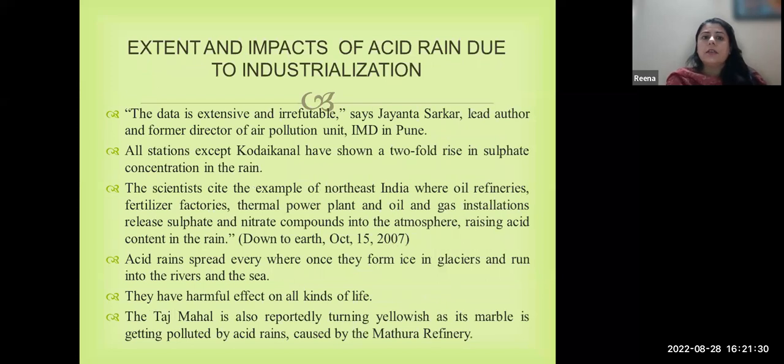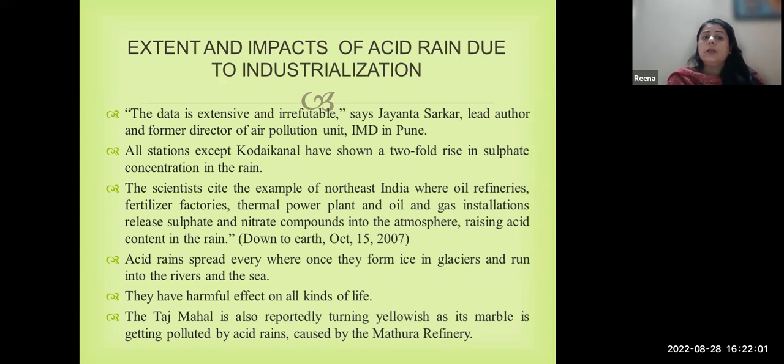Okay, so the extent and impacts of acid rain due to industrialization cannot be ignored. The data is extensive, because earlier when the impacts of acid rain were quoted by some scientists, many researchers, technologists, and people who have been propagating industrialization objected to those research results.